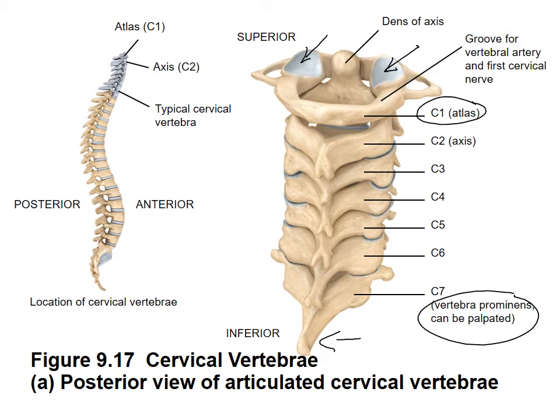On C2, the axis, it has the dens sticking up here, so you can pivot and your head rotates sideways, and you can shake your head no. Then you have all these different vertebrae going down C3 through C7. So we're talking about the cervical region, this upper region of the vertebral column.